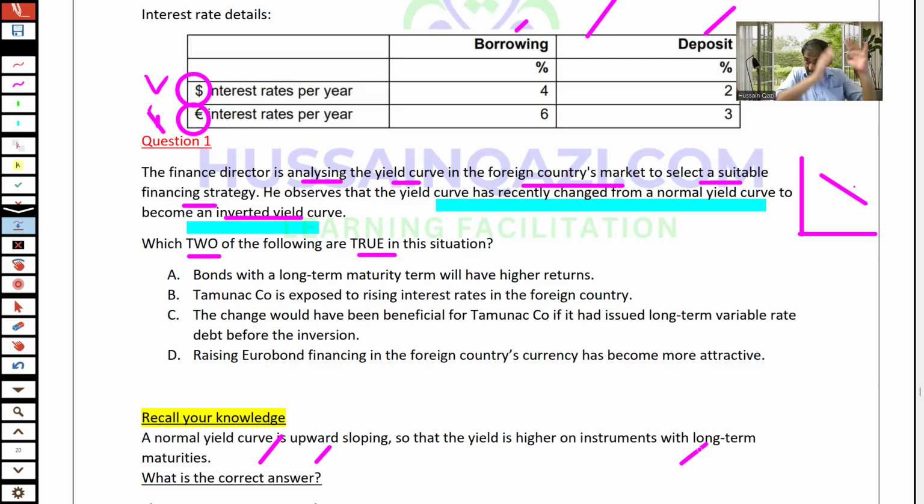And the context: the company here is about getting borrowing in the international market. So one by one.